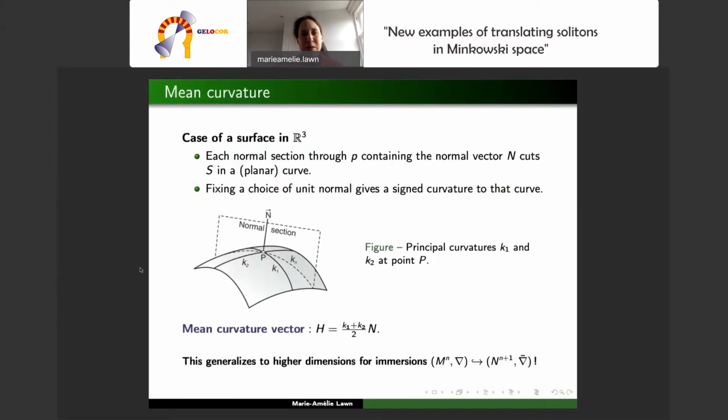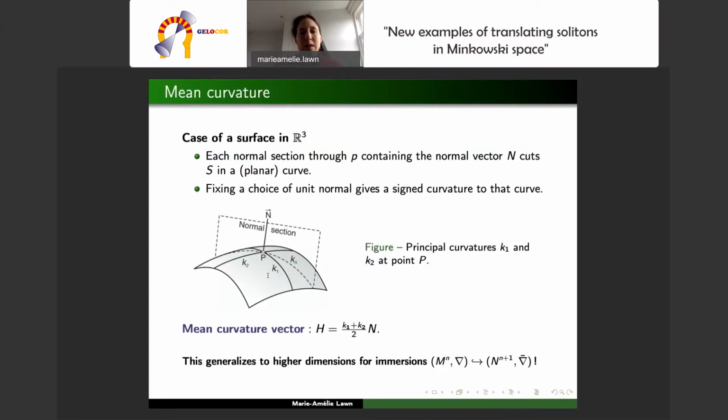So first of all, maybe for the younger people in the audience, I'm going to remind you very quickly of what the mean curvature is. In the case of a surface in R3, what we want is a good notion of curvature for a surface, and the notion we know is the notion of the curvature of a curve. Of course we have that on the surface in R3 because it's embedded in R3.